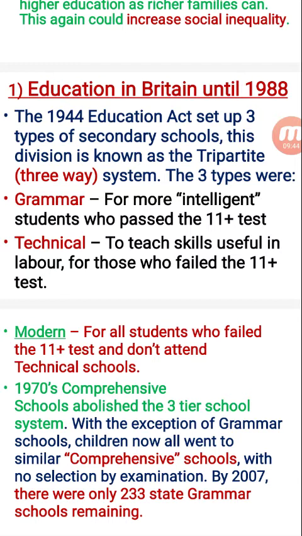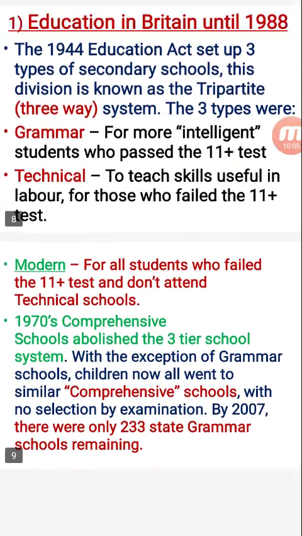Children now all went to similar comprehensive schools with no selection by examination. By 2007, only 233 state grammar schools were running in the whole UK.